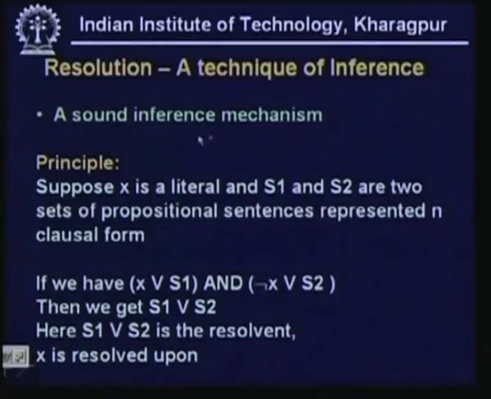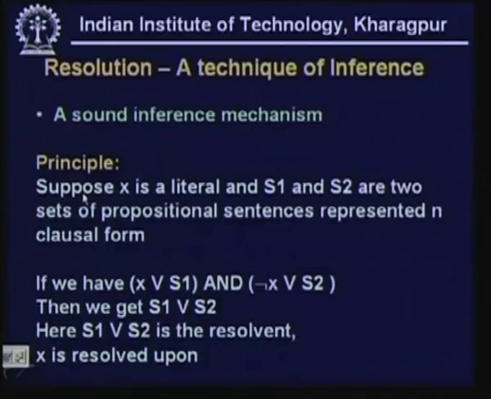At the very beginning in the objective, we had said that we will learn to prove new facts given a set of facts. Proving a fact given a set of facts means proving the logical entailment, which we have also defined. Modus ponens was one way, but resolution is another way. Resolution is a sound inferencing mechanism.